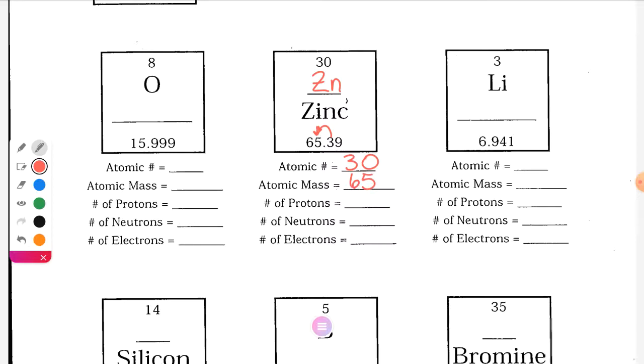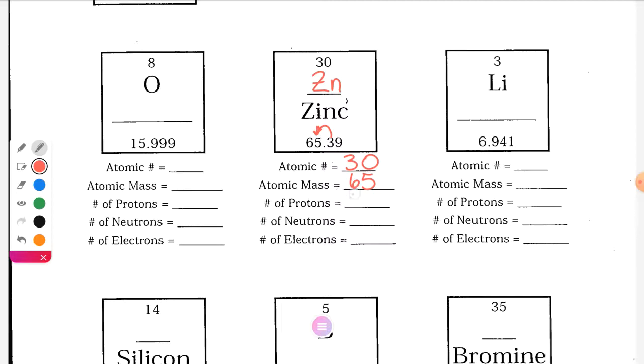Number of protons, Bryson? So let's go back to the top. Read the notes that we just wrote at the top. Where we wrote protons. What do we know about the protons? Okay, why is it 30?